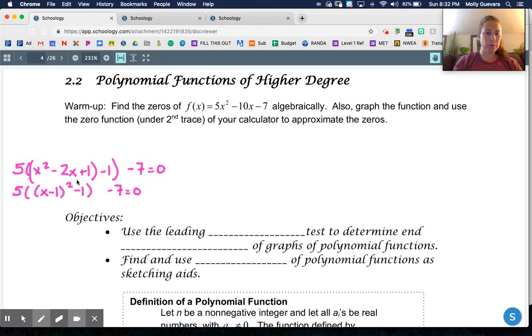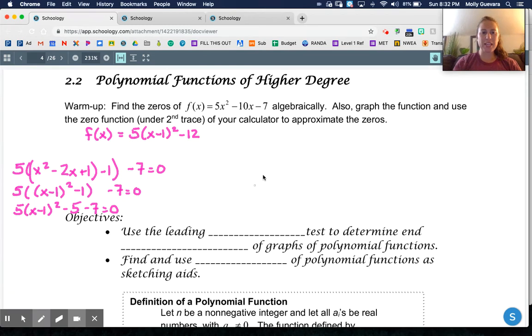If I distribute the 5, I get 5 times x minus 1 squared, and then 5 times negative 1 is negative 5, minus 7 equals 0. Okay, so in vertex form, I have 5 times x minus 1 squared minus 12.